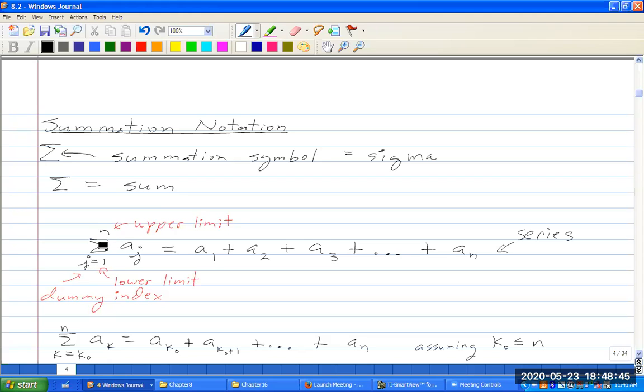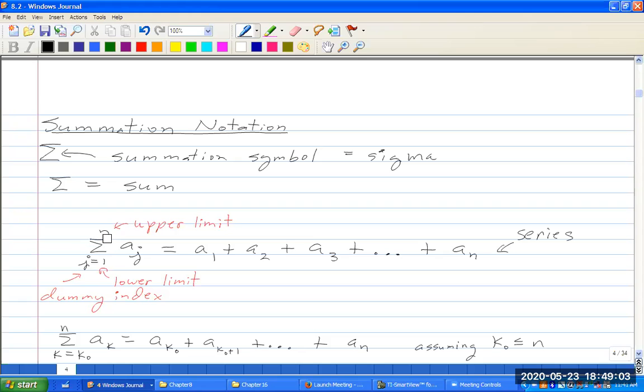And so a sub 1 plus a sub 2 plus a sub 3 plus dot dot dot a sub n, the series, can be represented in a more compact notation as the sum.